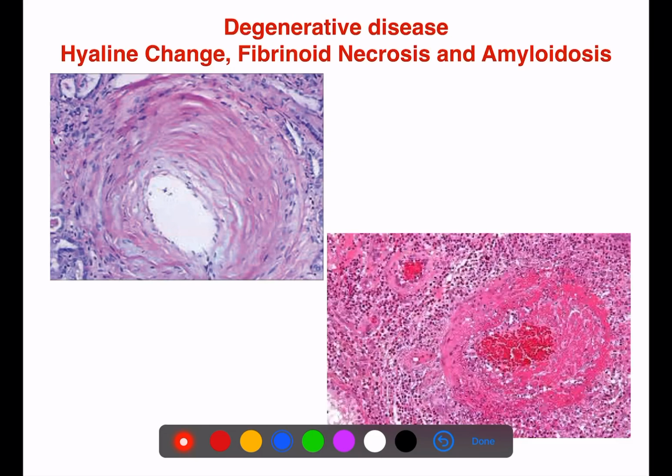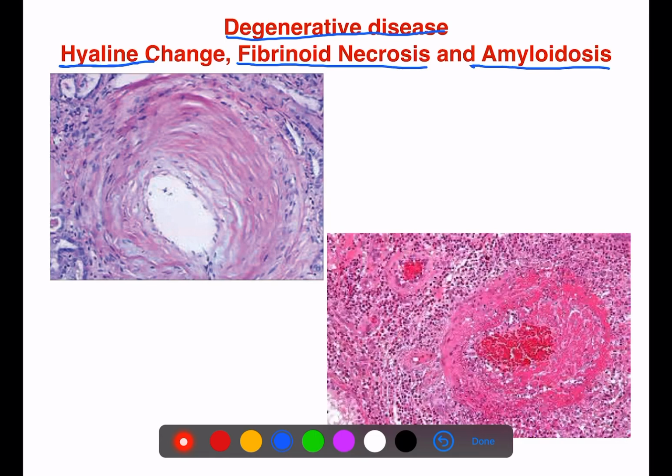The degenerative disease of blood vessels differs from one animal to another. It may be hyaline change, and we will take hyaline change and hyaline degeneration within general pathology under the section of adaptive change. Maybe fibrinoid necrosis, also amyloid precipitation occurs within the blood vessel wall.